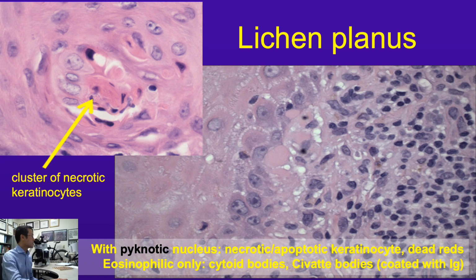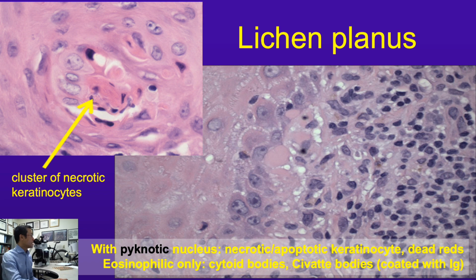So various terms, cytoid bodies, civatte bodies, cytoids, all are referring to the same or similar process that is associated with interface dermatitis, where there's a lymphocyte associated or lymphocyte mediated keratinocyte death.